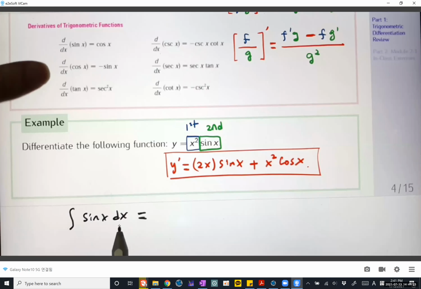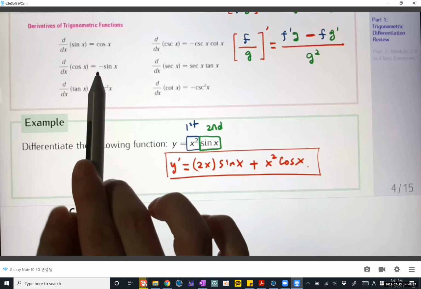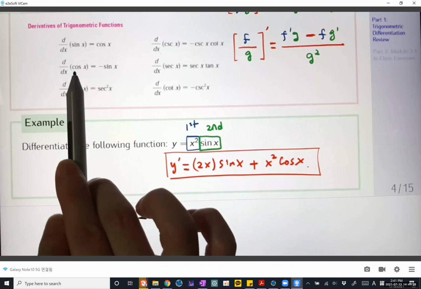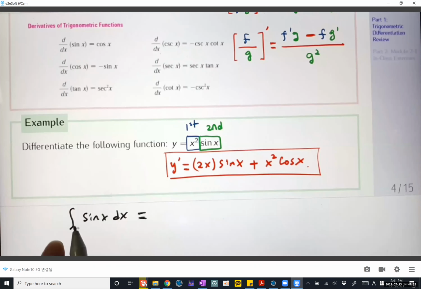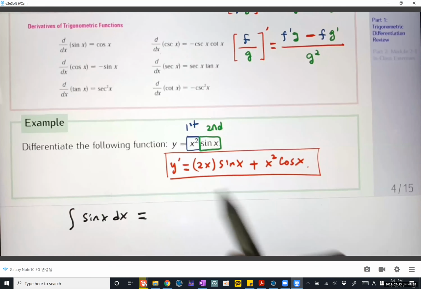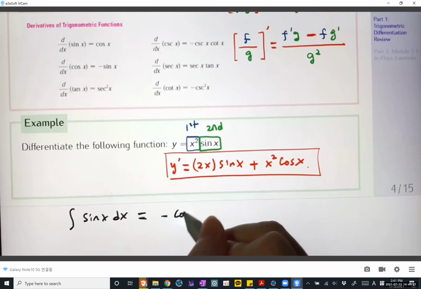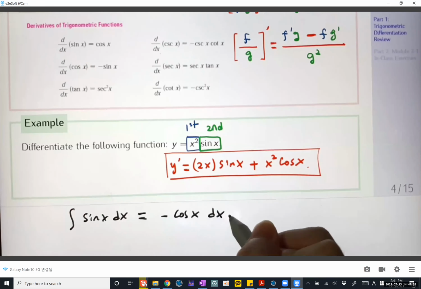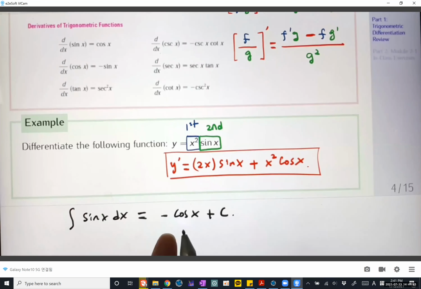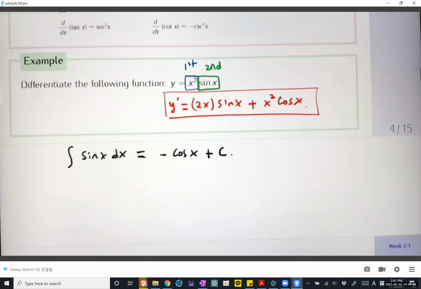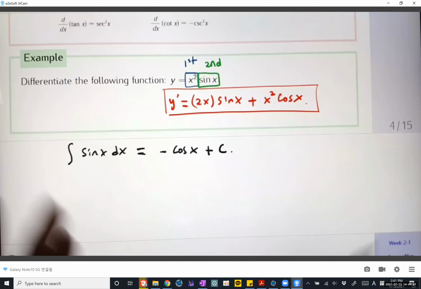Please, Davis's answer is correct. Please do not forget about the negative, okay? Because if you move the negative to the other side, the derivative of negative cosine is positive sine x. So the integral of sine x dx is actually negative cosine x. Oh, oops, sorry. It's plus c. So I hope you don't forget that, okay? That's important, the negative sign.